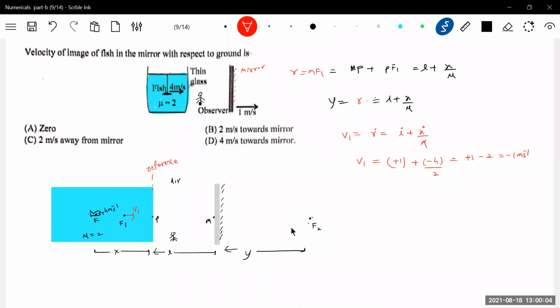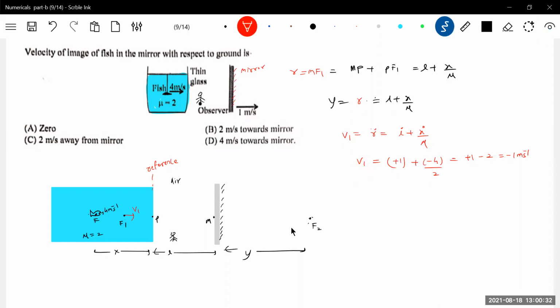Then the mirror will form its image opposite to this. So now this is the velocity of the object. Is it with respect to mirror or with respect to ground? With respect to ground, no?